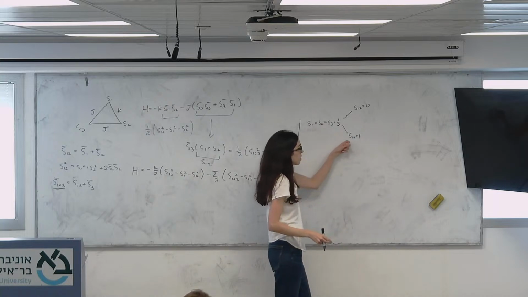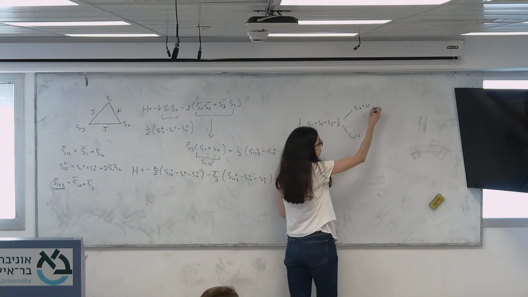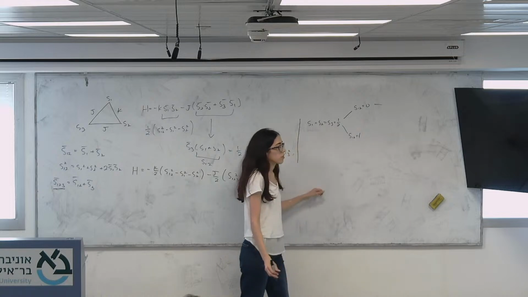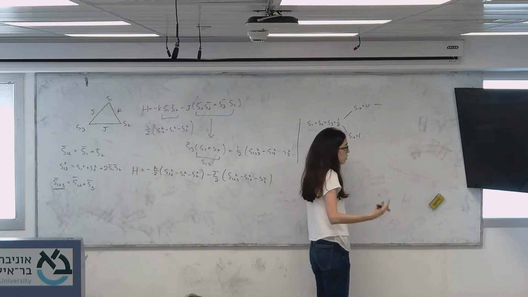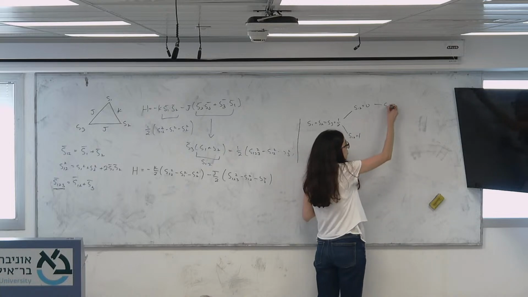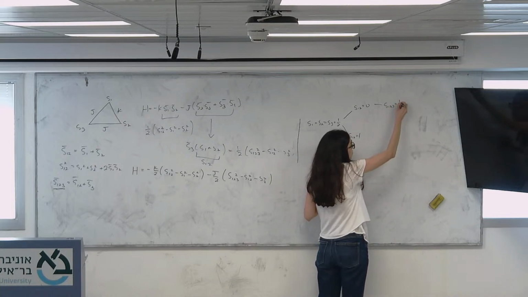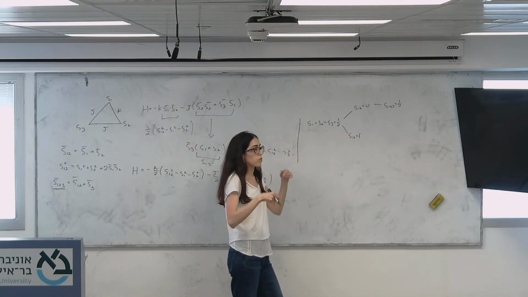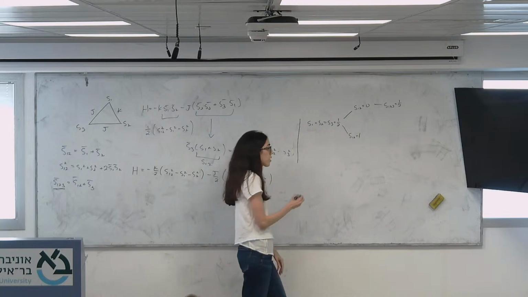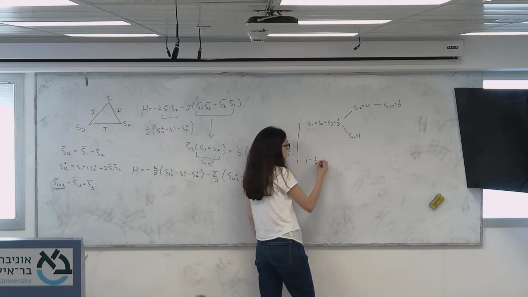And now we're going to add also S3. If S12 equals 0, we only have one option to add S12 and S3, so S123 is going to be half, because it goes from the absolute value of minus half to half.